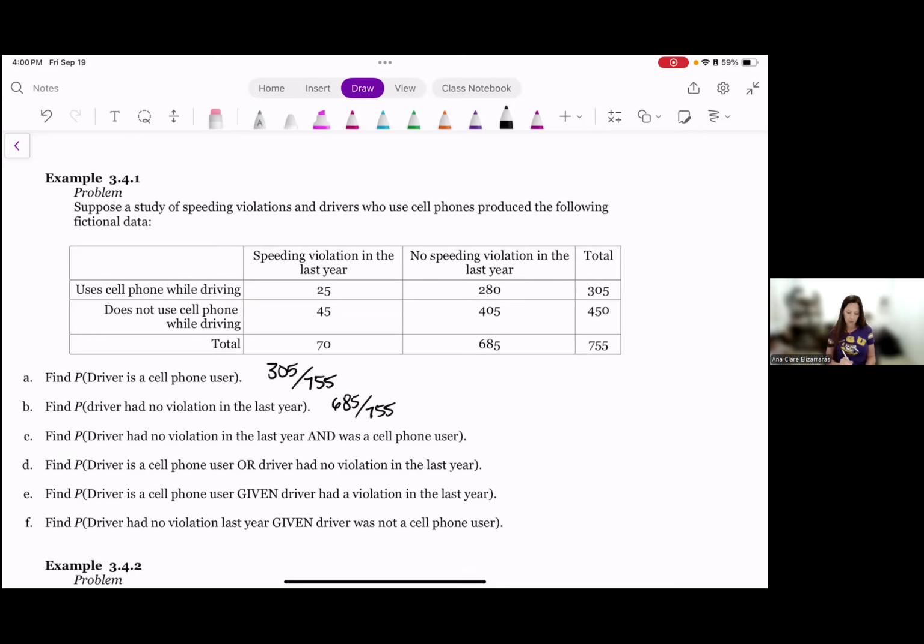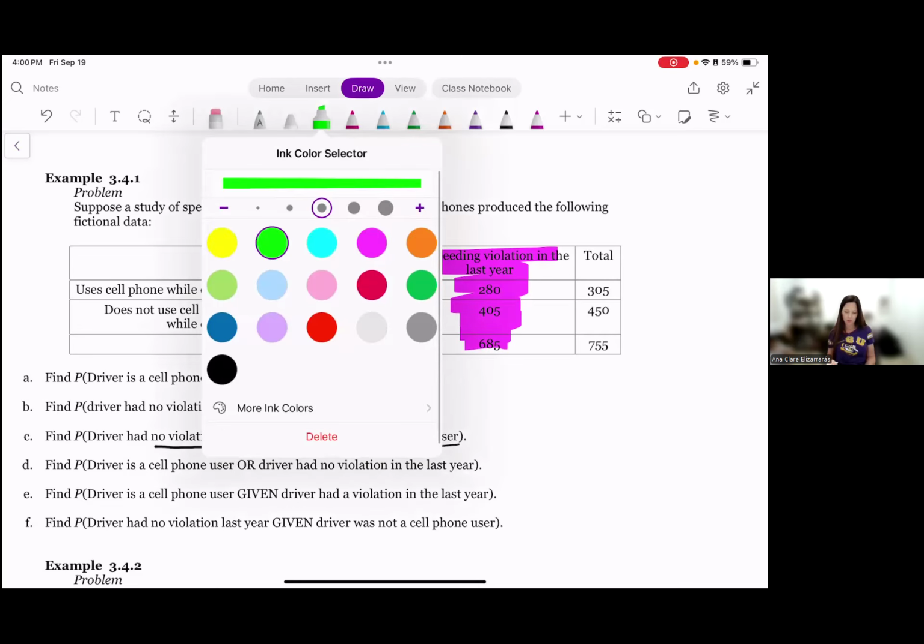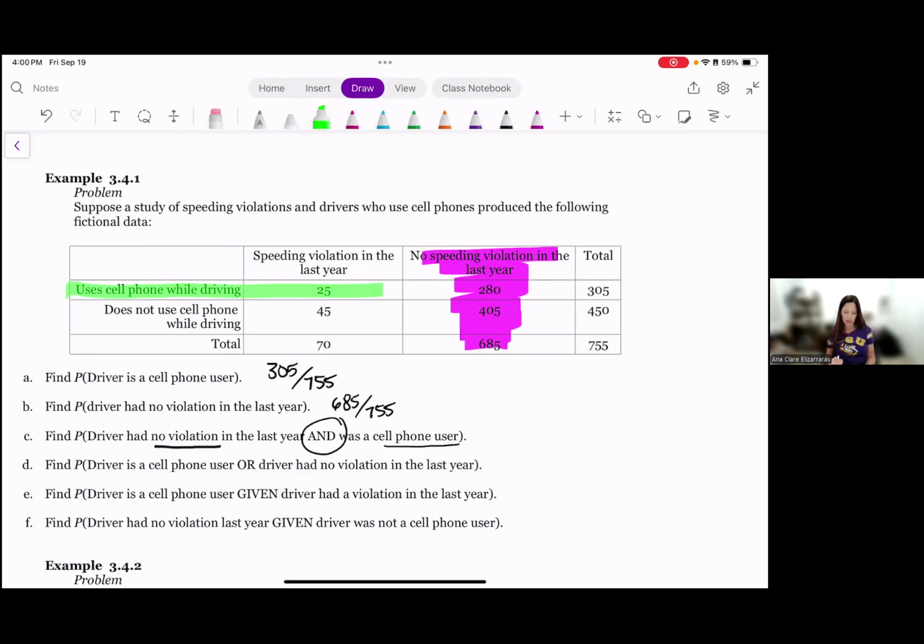Now I'm asked to do a little bit more complex probabilities. I want to find the probability that a driver had no violation in the last year and was a cell phone user. Well, no violation is here. That's all these individuals. Cell phone users are here. And where they intersect is actually the one that's almost so dark you can't even see it.